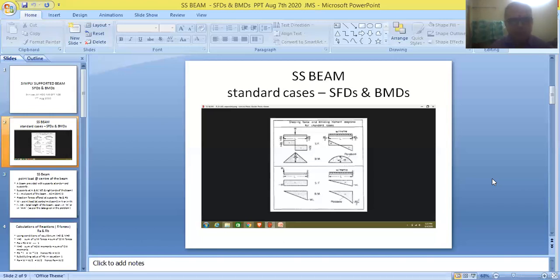So we are equating these two terms. Therefore, RB into small l is written as capital W into L by 2. So friends, by simplifying this equation, RB will be obtained as capital W by 2.